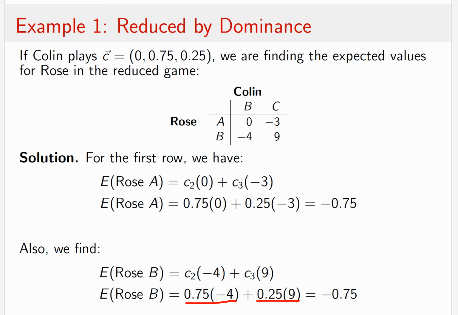Wait, that doesn't seem right. 4 1/4 minus 3. I'm going to have to think about that. 3/4 times -4, the 4's will cancel. That's -3 and 4 1/4. That doesn't seem right. Let's take it to the notebook and double check things there.